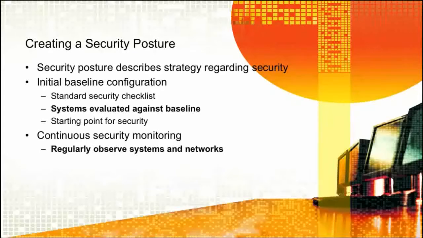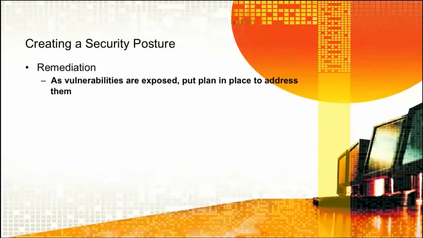The initial baseline configuration is what the systems will be evaluated against. Continuous security monitoring regularly observes systems and networks. Remediation is simply as vulnerabilities are exposed, you put a plan in place to address them. Some might call those POAMs, or plans of actions and milestones.